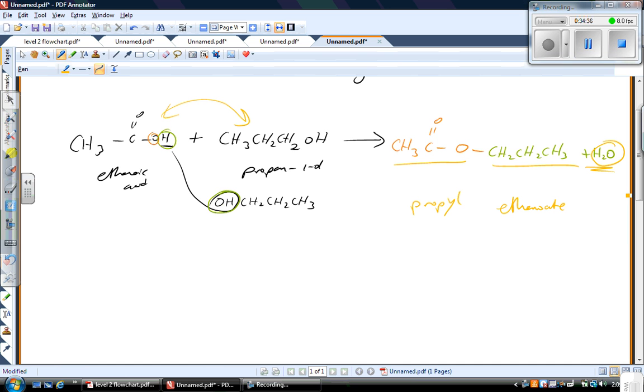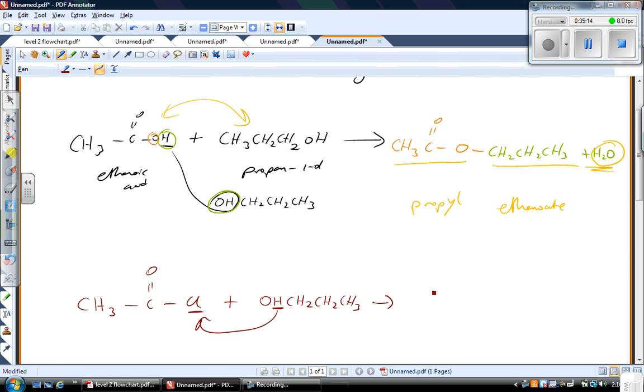Another example here would be an acyl chloride. Acyl chlorides are unique to level 3, so if you're level 2 right now, don't pay too much attention to this. But an acyl chloride has this functional group. It's a carbonyl carbon with a chlorine. If we use the same alcohol here, we're still using propan-1-ol, and the exact same reaction is going to happen, except this time this oxygen acts as the linker, and this hydrogen and this chlorine will stick together.